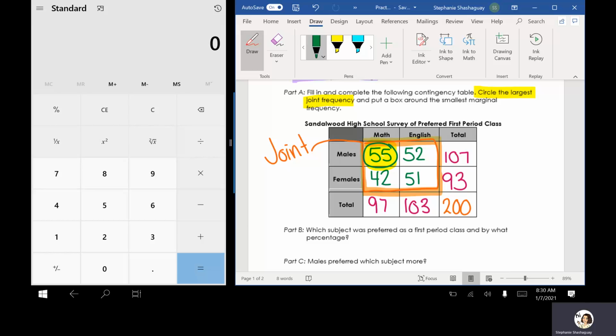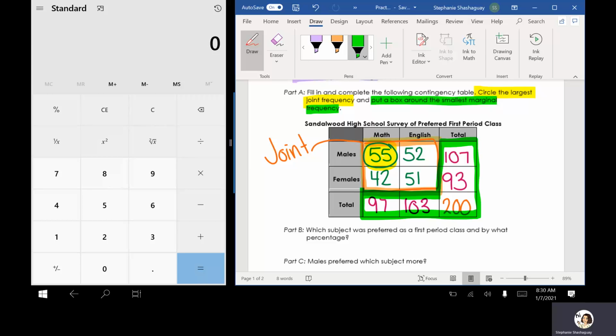It then asks in part A to put a box around the smallest marginal frequency. Well, just like we talked about yesterday in class, these numbers that are on the outside or in our margins are our marginal frequency numbers. Right?